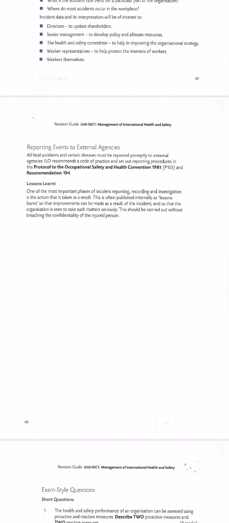The ILO, the International Labour Organization, recommends a code of practice and sets out a report procedure in the protocol to the Occupational Safety and Health Convention of 1981.